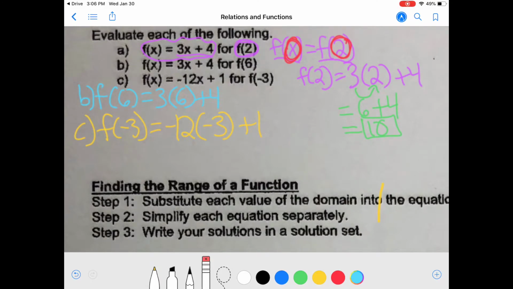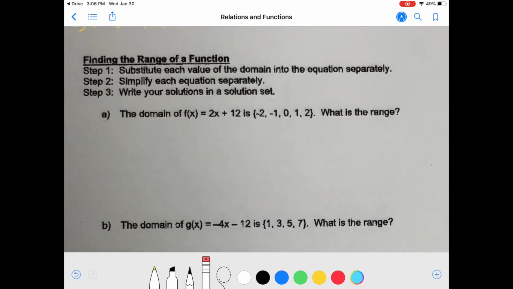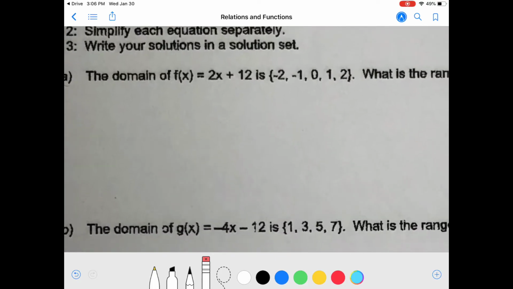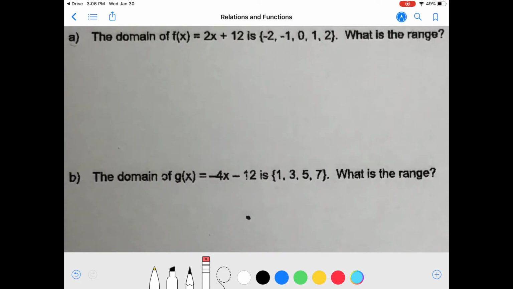For the next section, you are asked what is the range given this information. This is a lot of steps without the calculator, but we're going to go through one of them. The domain of f(x) equals 2x plus 12 is negative 2, negative 1, 0, 1, and 2.